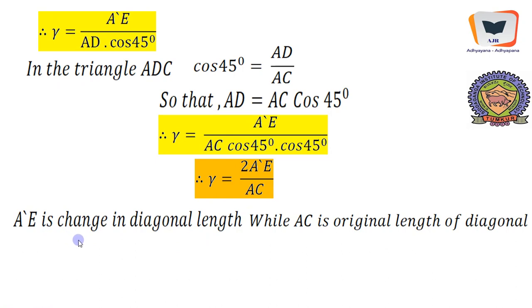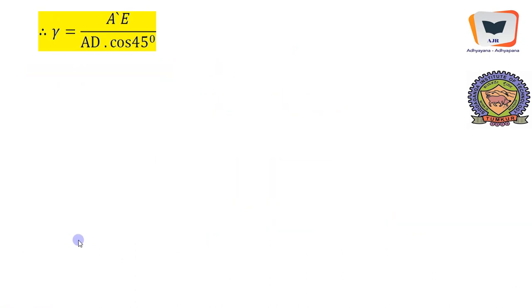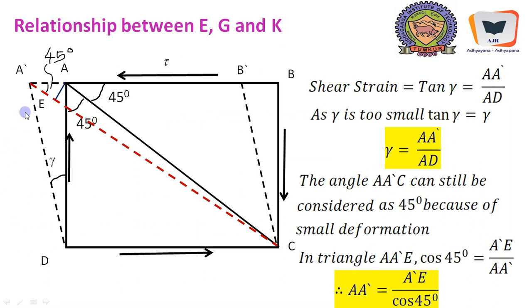A dash E, if you watch carefully, is nothing but the change in length of this diagonal, and you can always assume CE equal to AC. I repeat, we can always assume AC equal to CE.